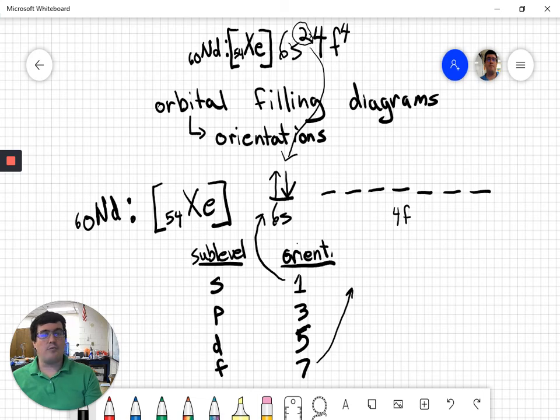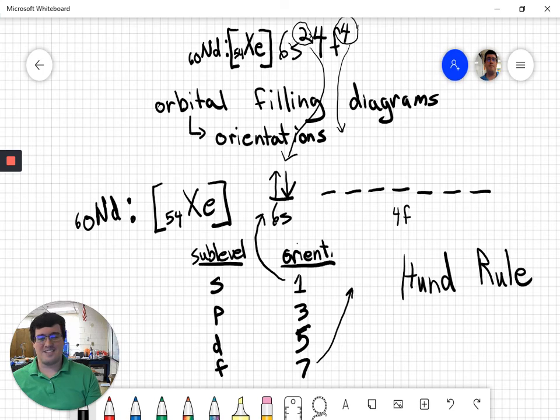Now on the 4F, we don't have 14 electrons. We don't have the maximum. We instead only have 4 electrons. So remember, right, it was which principle? It's the Hund principle or the Hund rule, whichever way you want to remember it. Hund is the important part there.